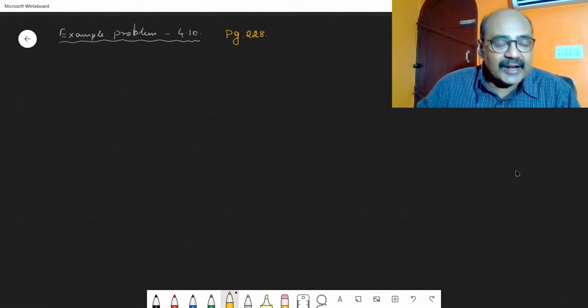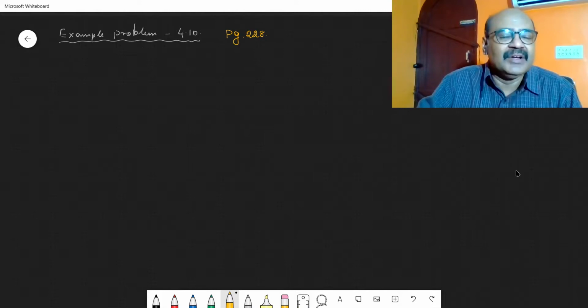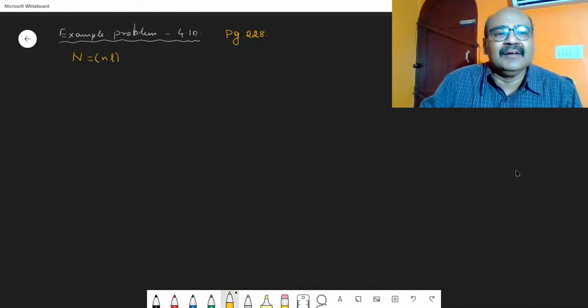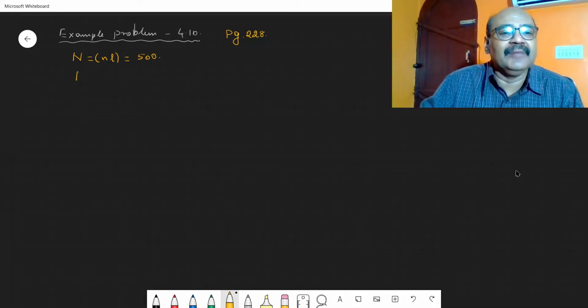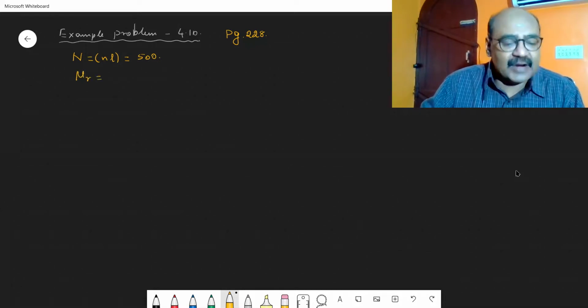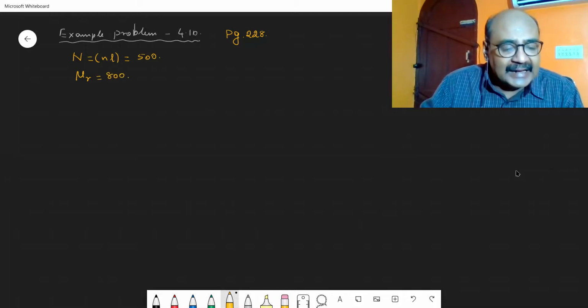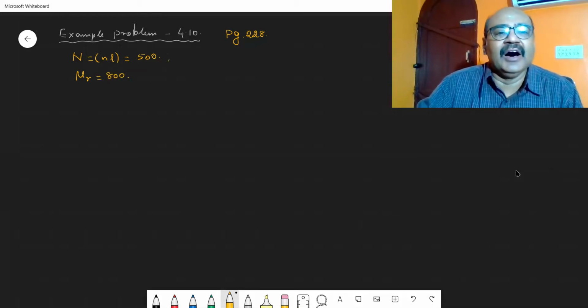See, a solenoid of 500 turns. So the total number of turns is capital N, which is small n into L, given as 500 turns. Then it is wound on an iron core of relative permeability mu r equal to 800. Then the length and the radius of the solenoid are given.